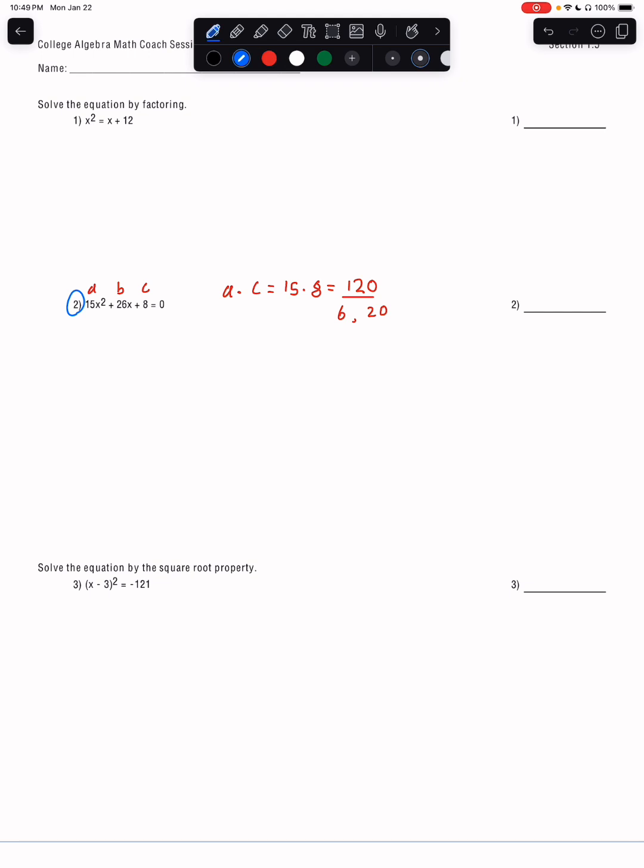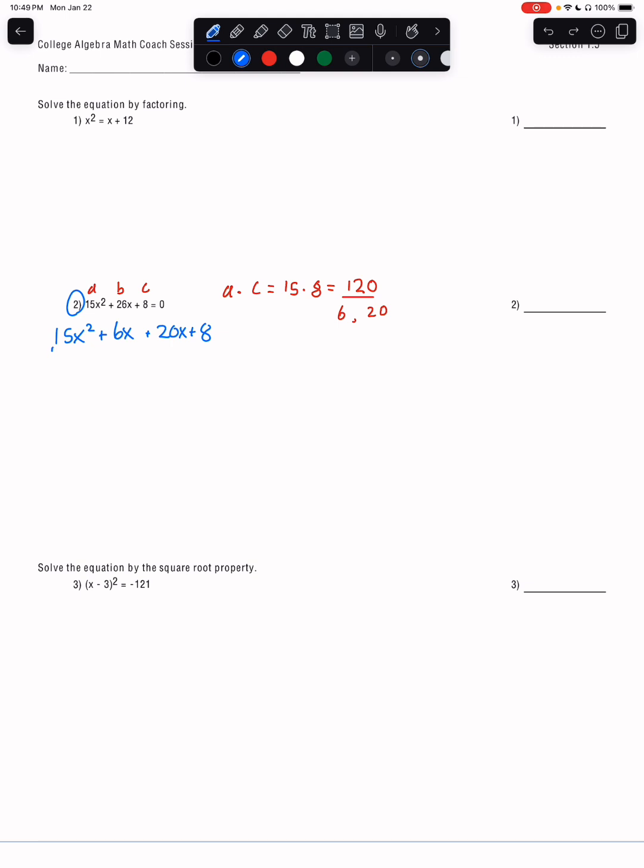So then the next step that we do is we come over here and we split them. So we'll have this plus 6x, and then we'll also have this plus 20x. So you see we get that from this AC grouping method right here.